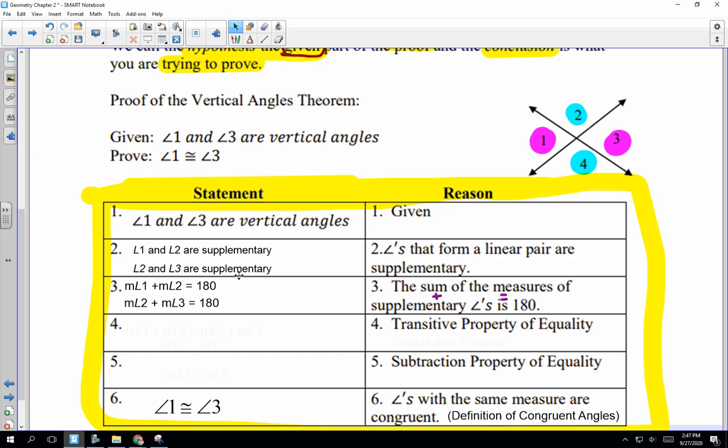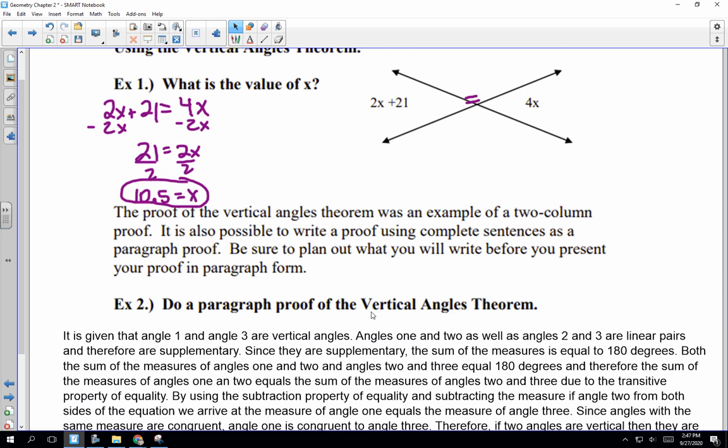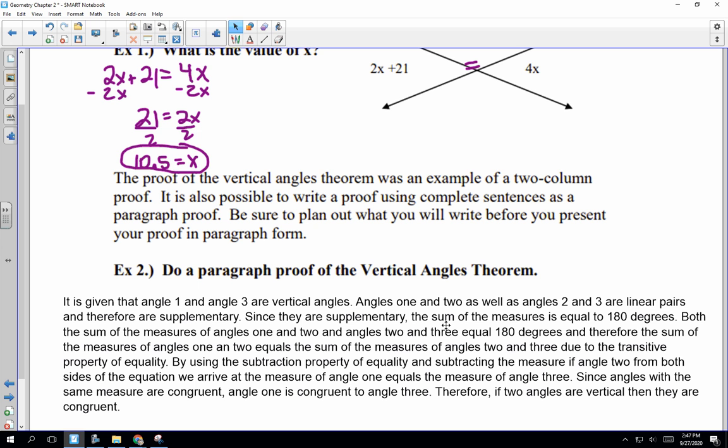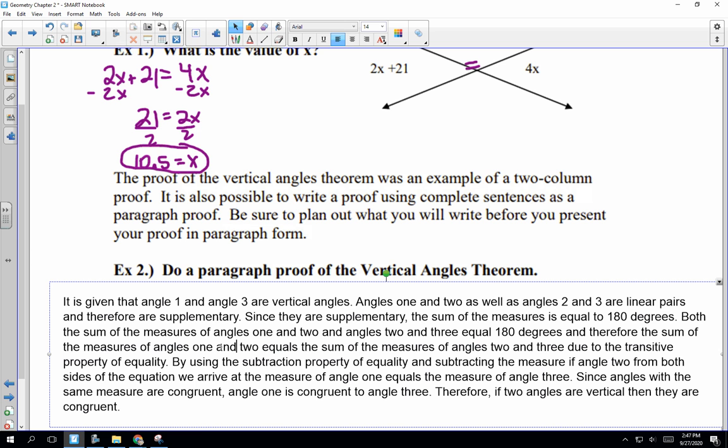The next thing we're going to do is say that if you're supplementary, then the sum of the measures is 180. Since they're supplementary, the sum of the measures is equal to 180. Both the sum of the measures of angles 1 and 2 and angles 2 and 3 equal 180 degrees. And therefore, the sum of the measures of angles 1 and 2 equals the sum of the measures of angles 2 and 3 due to the transitive property of equality.